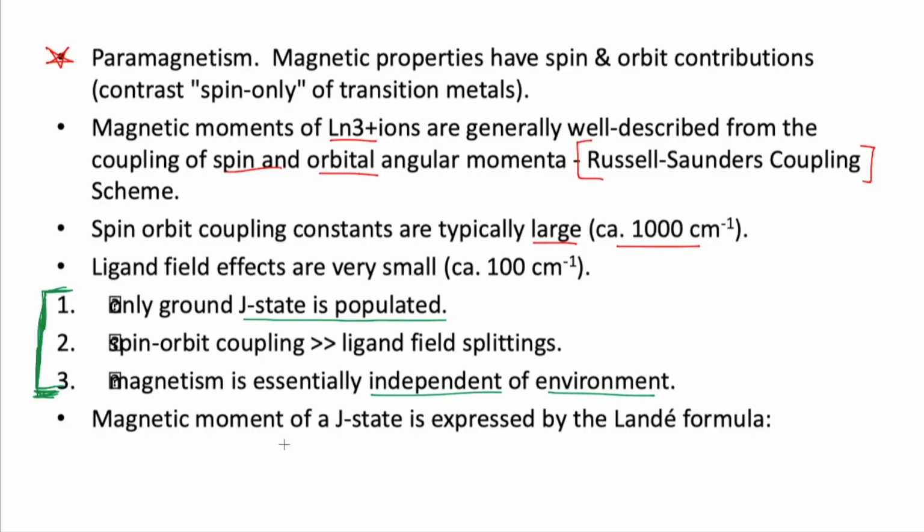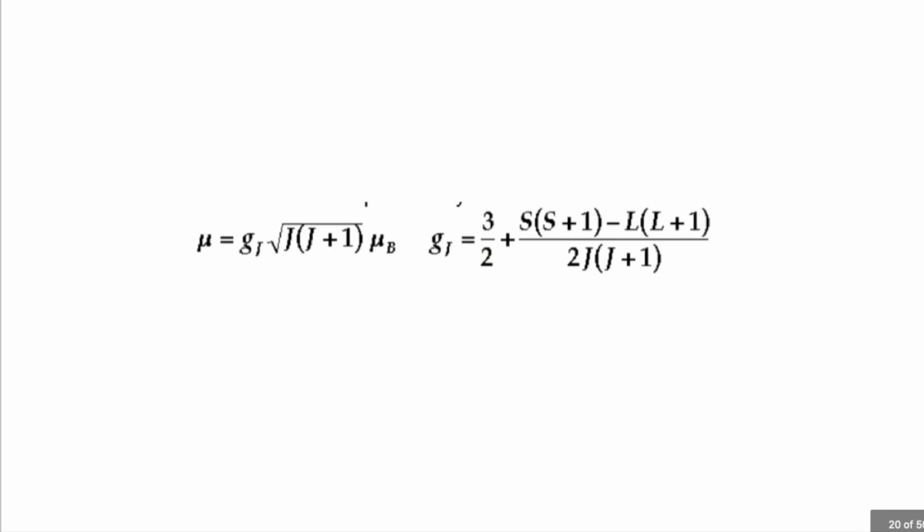The magnetic moment of these J states is expressed by Landé's formula: mu equals g times the square root of J(J+1), where g is given by 3/2 plus [S(S+1) minus L(L+1)] divided by 2J(J+1). You know what S, L and J are, right?